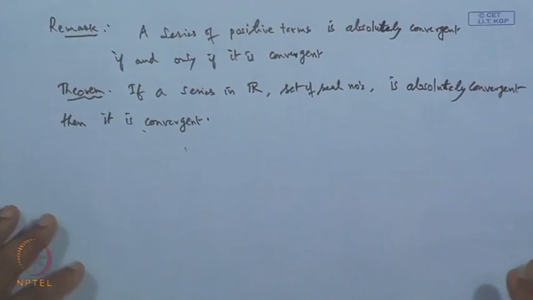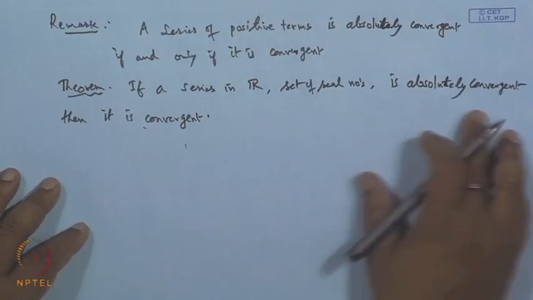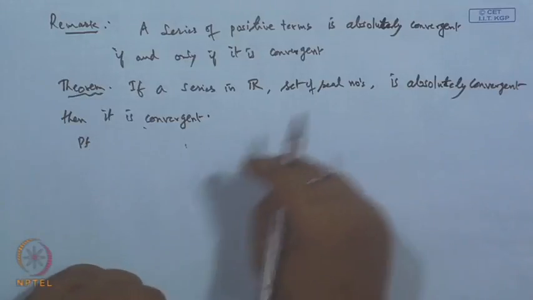I think the proof is simple. When the series in R is absolutely convergent, the series of its absolute terms is convergent. That is, when we replace the terms by their corresponding absolute values, the corresponding series is convergent.